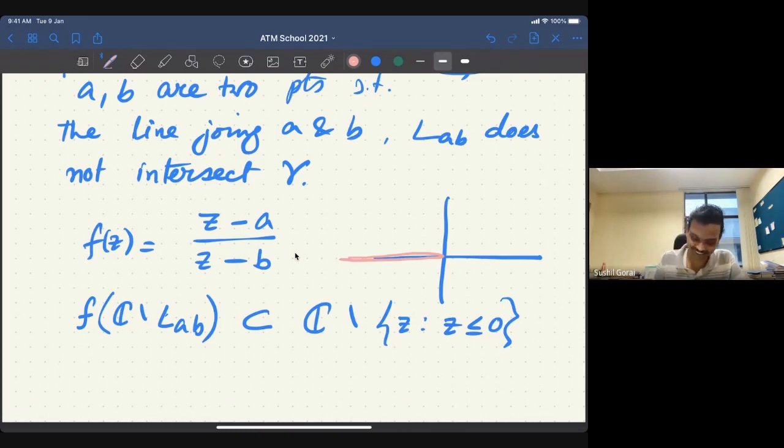So this image lies in this part. Have you seen a branch of logarithm? Yes, sir. Okay. So you have a branch of logarithm for this function.